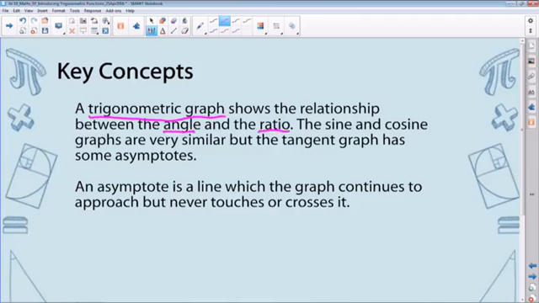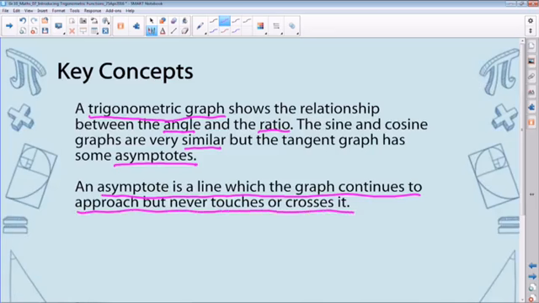The sine and the cosine graphs are very similar, that's very true, but the tangent graph has some asymptotes. And you'll remember from previously that an asymptote is a line which the graph continues to approach but never ever touches or crosses it.